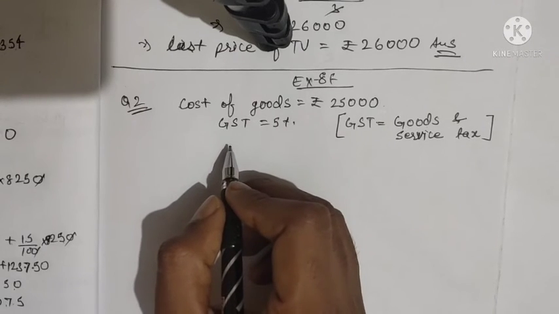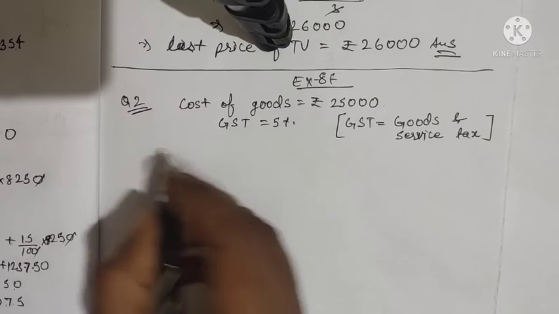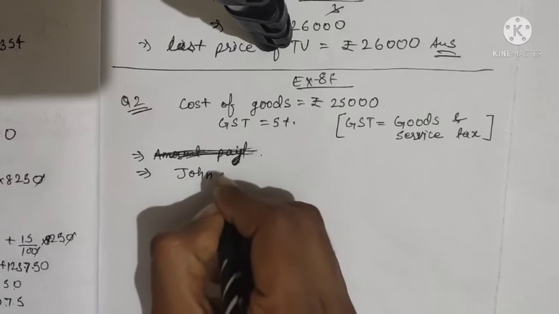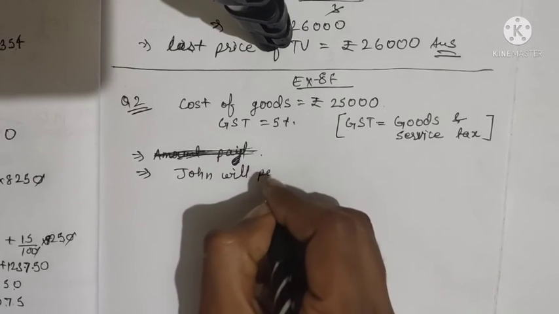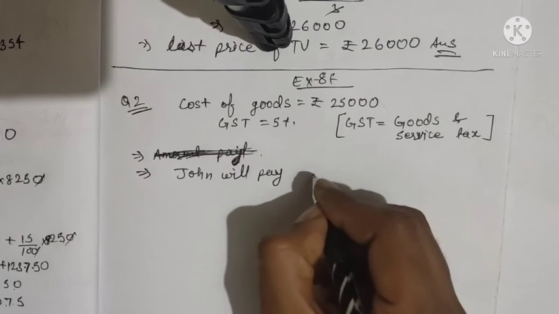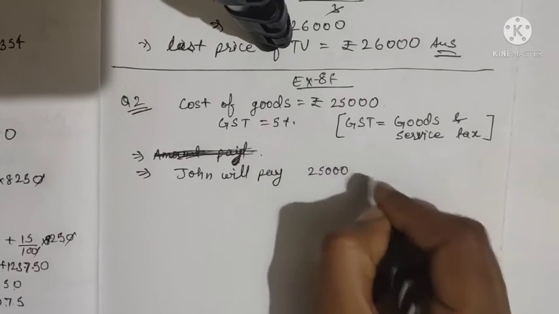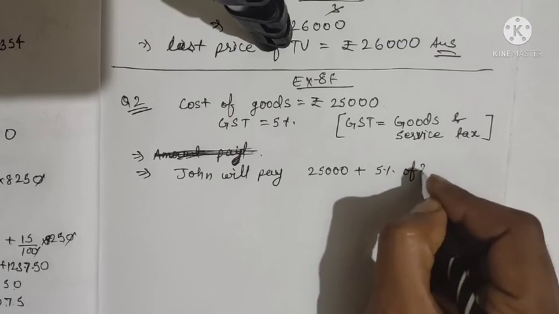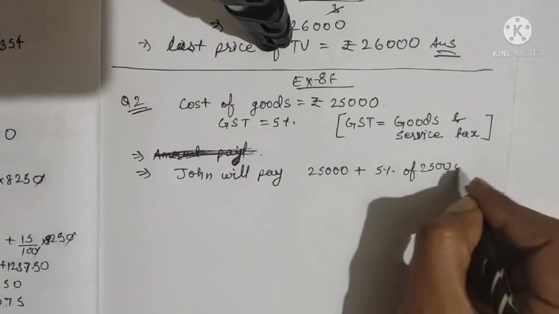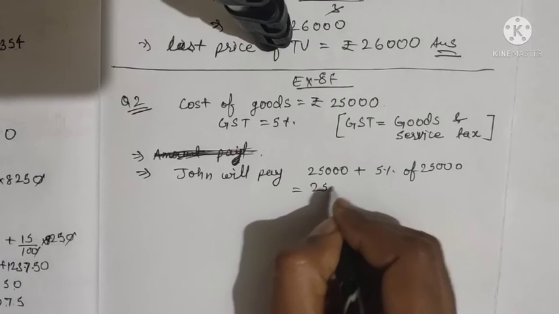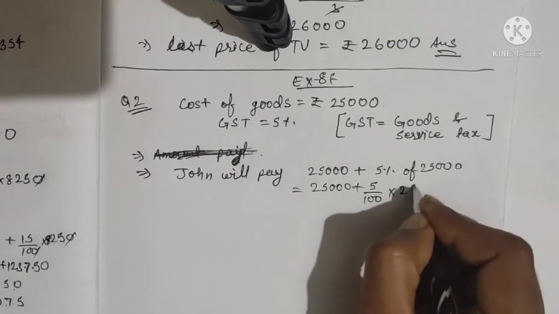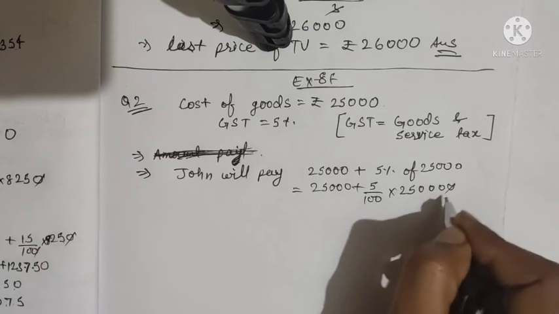Now we have to find how much money in all will John pay for these goods. That implies John will pay 25,000 plus 5% of 25,000, which will be equal to 25,000 plus 5 by 100 into 25,000.